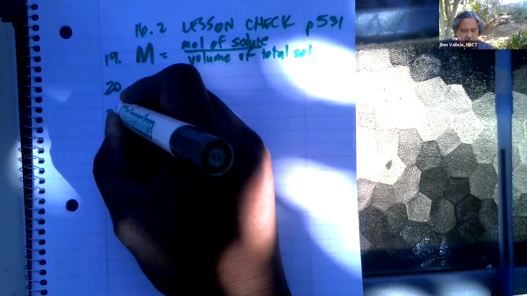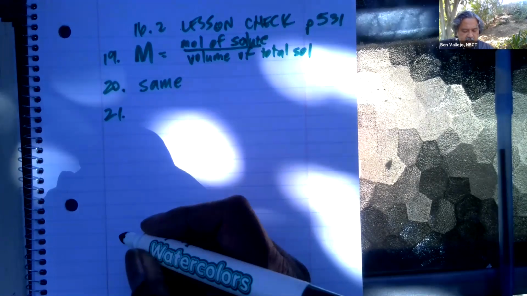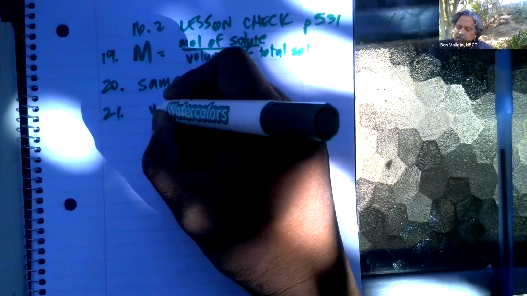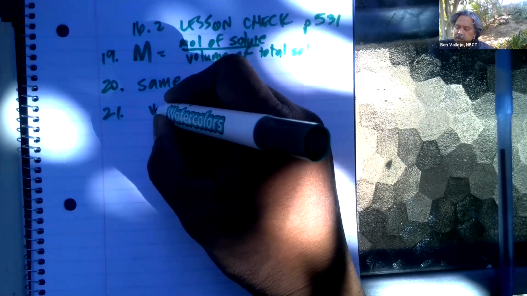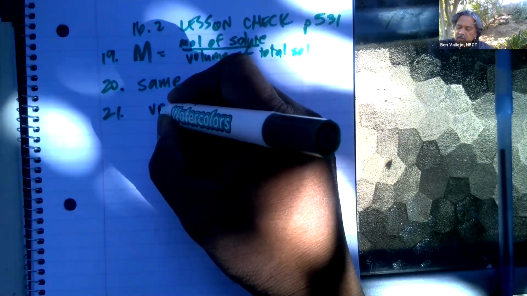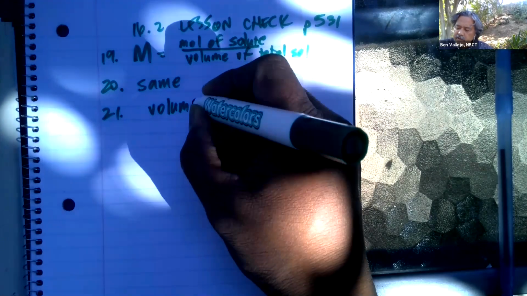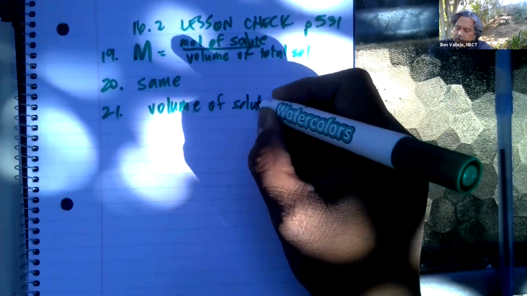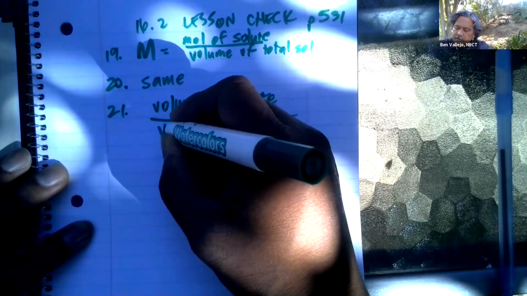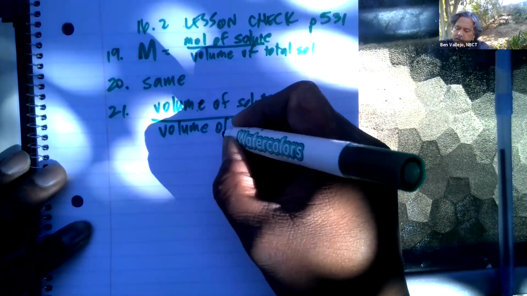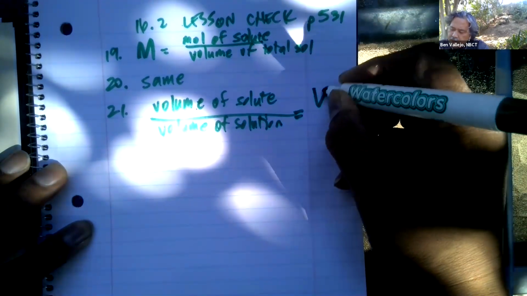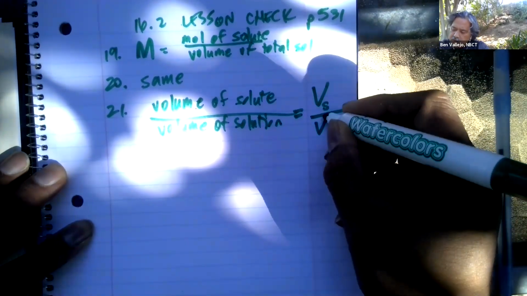And number 21, we talked about different ways of expressing concentration of a solution as a percent. You could do volume over volume, which was volume of the solute over the total volume of the solution. So the way we abbreviated that was V sub S divided by V total.